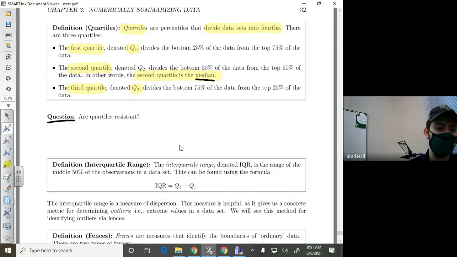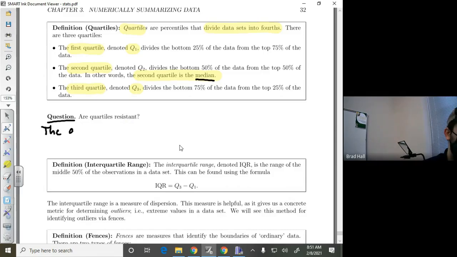So if we're able to chop up a data set into fourths and you add some extreme value at the end and take away another value, those boundaries are not going to be prone to change very much, just like the median. The median's a quartile, and as such, the quartiles are derived from that premise.